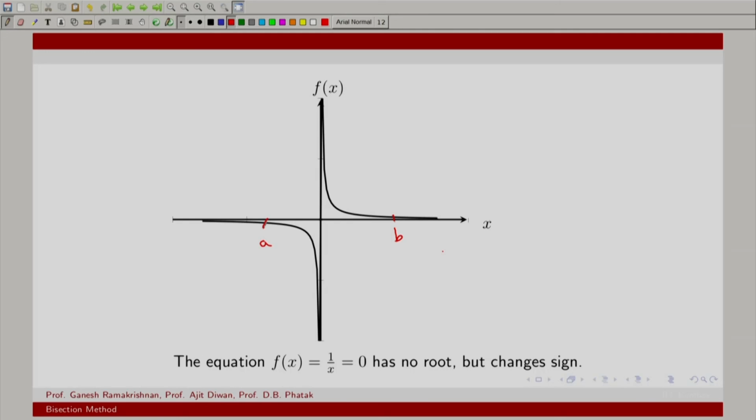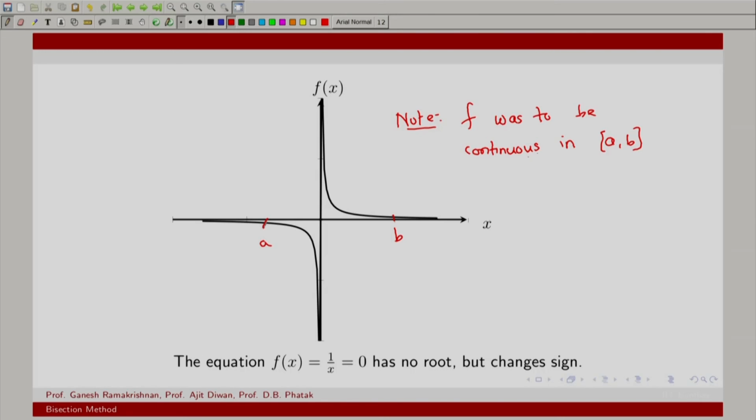So it's a fundamental problem with the assumption that if the function changes sign between A and B, then the root will be between A and B. But recall, our assumption was subject to f being continuous between A and B. So note that f was to be continuous in the closed interval AB, which is not the case here. So only under this condition was the change of sign a sufficient condition.